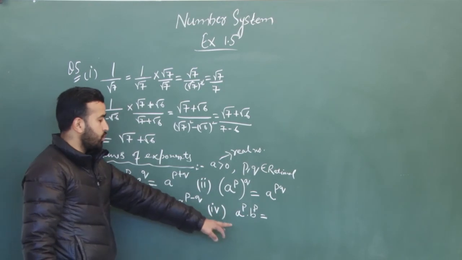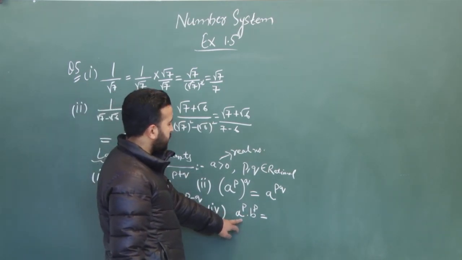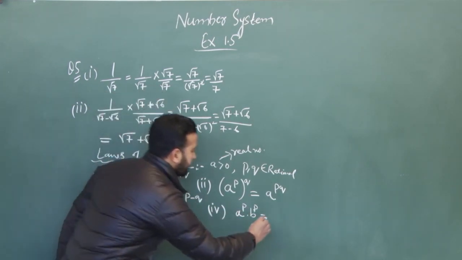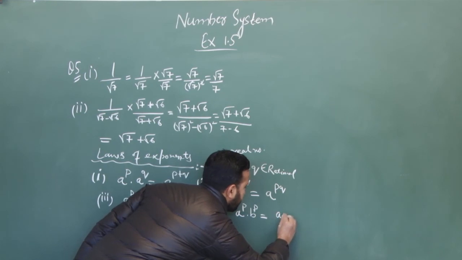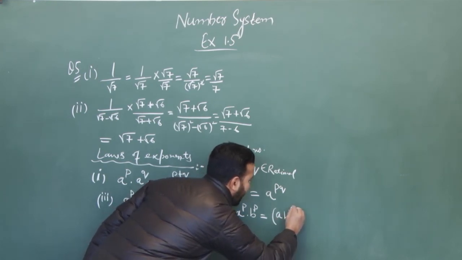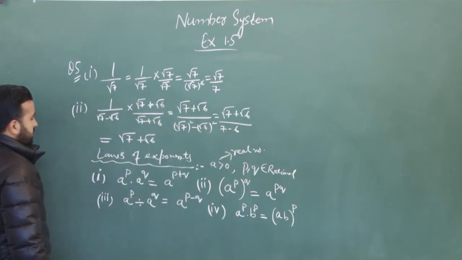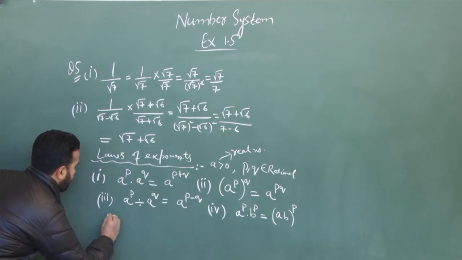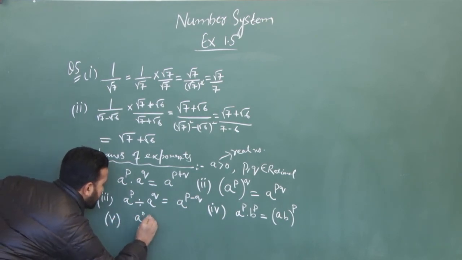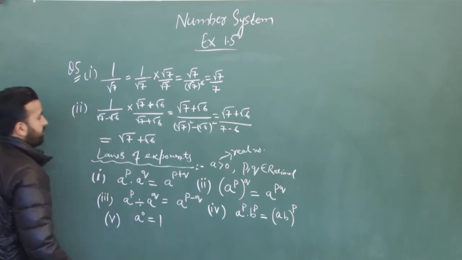Now if we have two numbers as base, a raised to the power p, b raised to the power p, in that case these two bases will be multiplied, that is a multiplied by b and whole power p. Similarly, we have one more: anything raised to the power 0, that you have discussed a number of times, is always equal to 1.